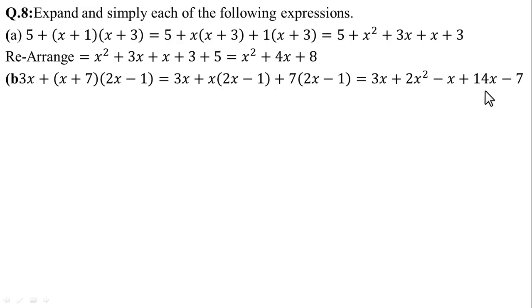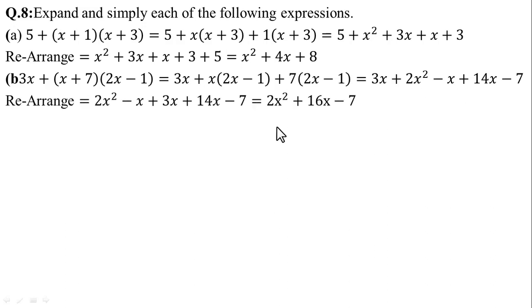Now rearrange these values: 2x square − x + 3x + 14x − 7. Then 2x square, 14x plus 3x is 17x, 17x minus 1 is 16x. So the answer of B part is 2x square + 16x − 7.